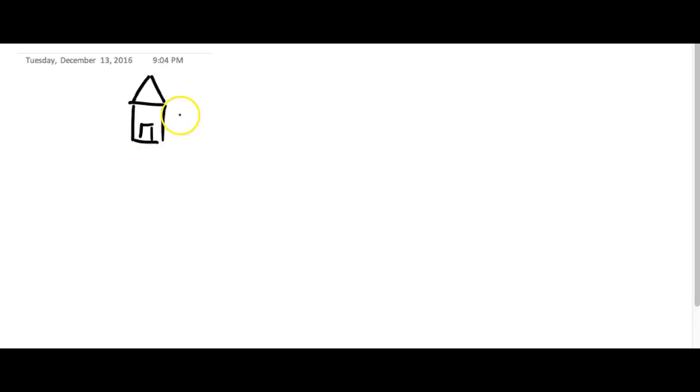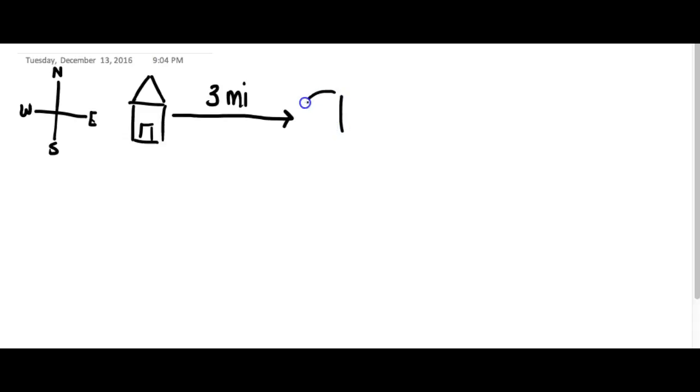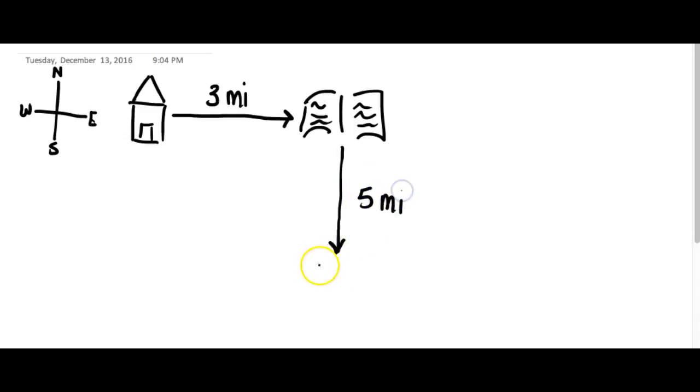And I am going 3 miles, and let's just put this up here so we remember, never eat soggy waffles. And I go 3 miles to my library. That's what I'm going to use to represent my library. Then from my library, I go 5 miles to the grocery store.